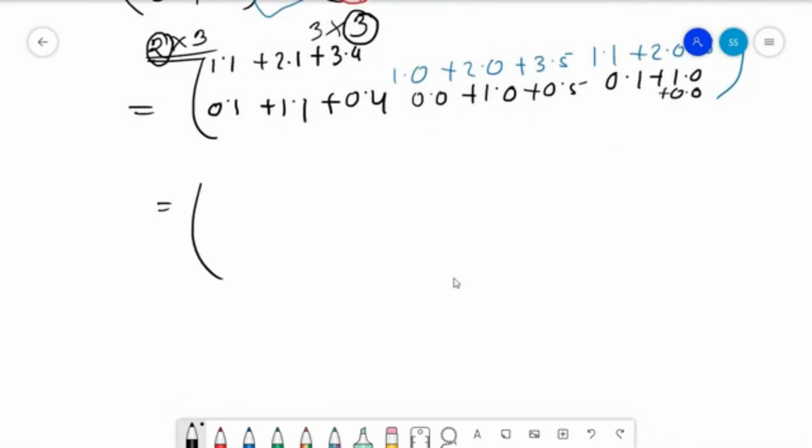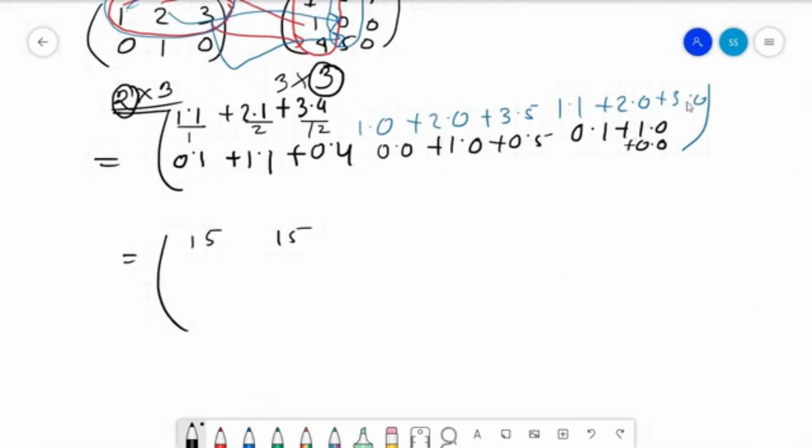So this is the first thing, this is your 1, this is a 2, this is a 12, so it's 15, and this is 0, this is also 0, and this is 15. And this is 3, this is 2, and this is 1. I mean, sorry, this is 0 because it has a 3 dotted with a 0.